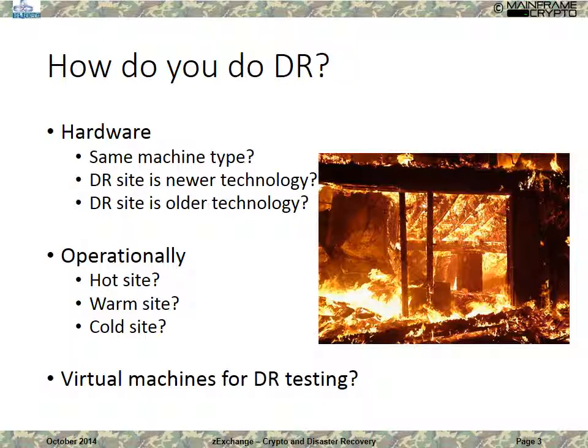So a more likely scenario is that the DR site and the production site are going to be different in terms of the platforms. And then you could have either possibility.